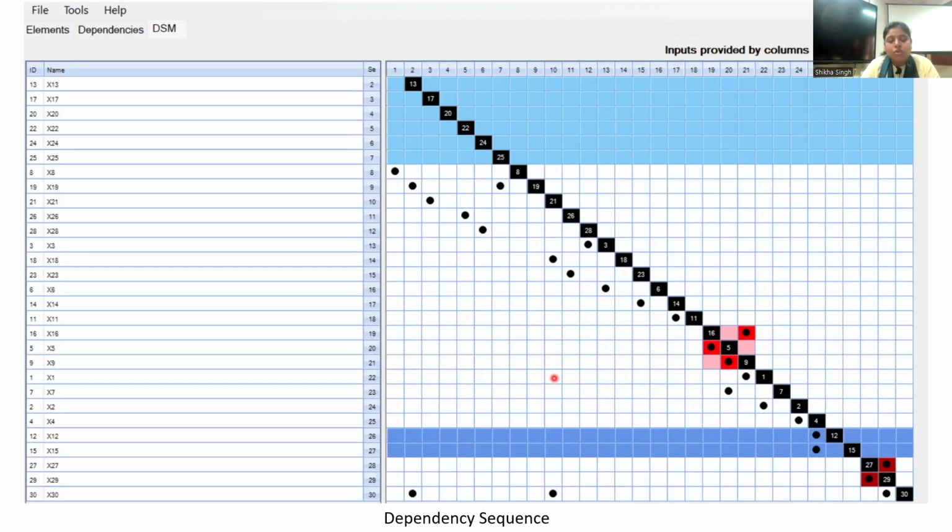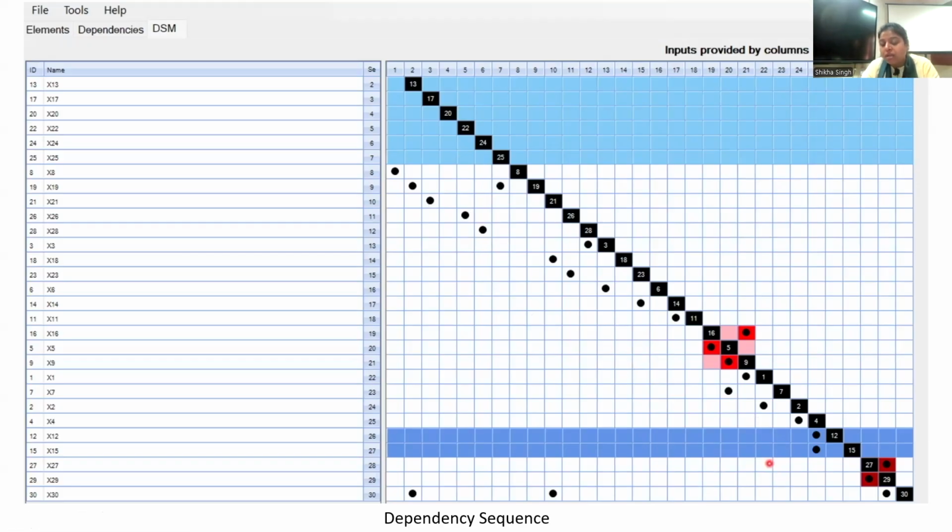After rearranging, you see in the dependency sequence, things got arranged, and not even one point or one tear is left above the diagonal. All the feedback dependencies have now moved to the lower side of the diagonal, and that was the major requirement.